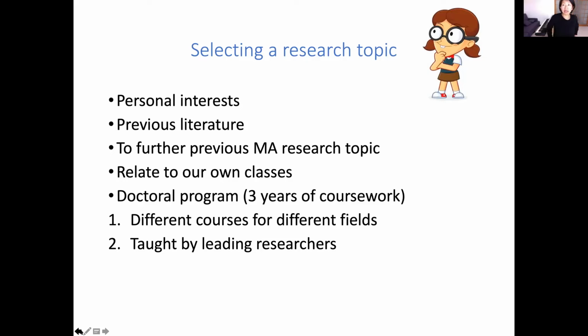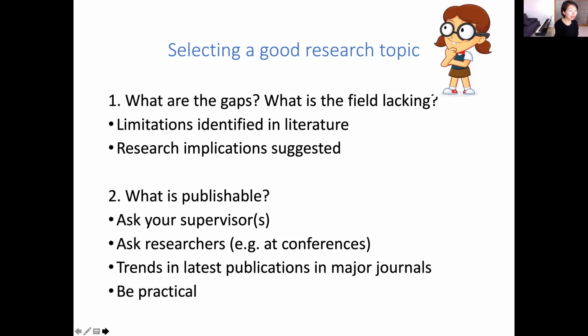In my case, at the doctoral program I went through, I did 3 years of coursework. I took a lot of courses taught by different researchers in different fields, so I had the opportunity to learn a lot of different topics. Then how to find a good topic?